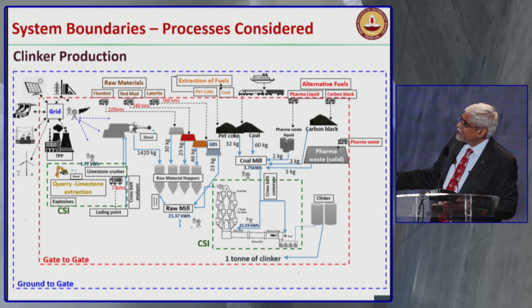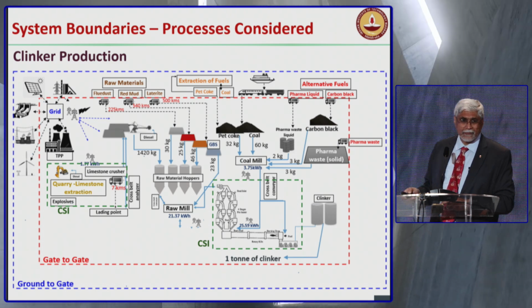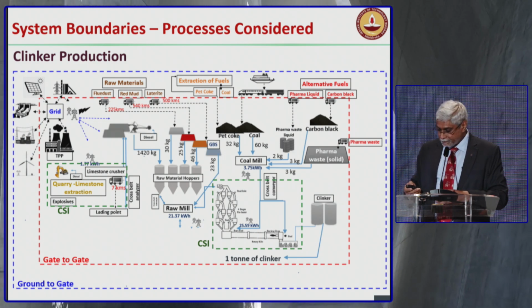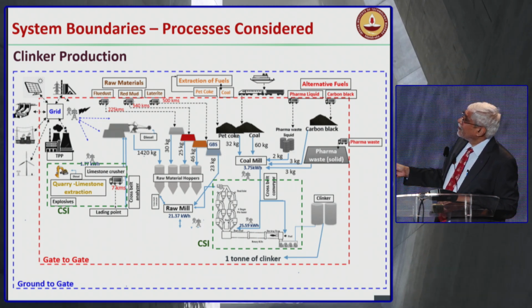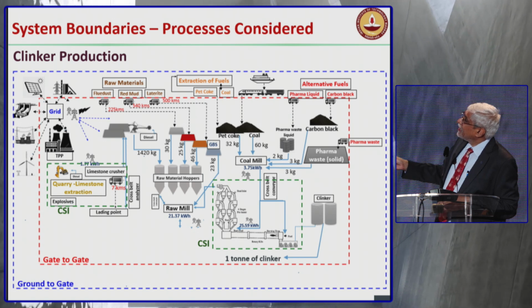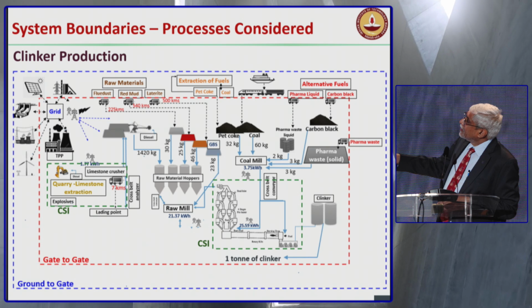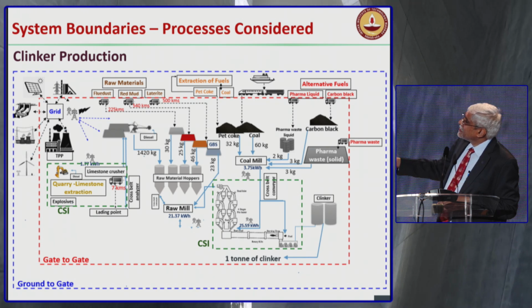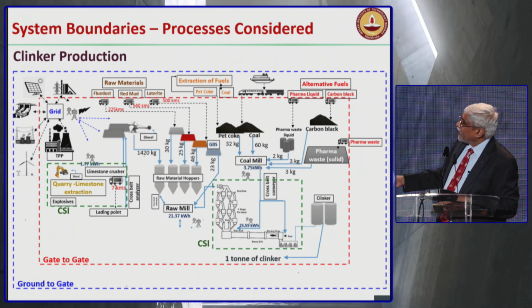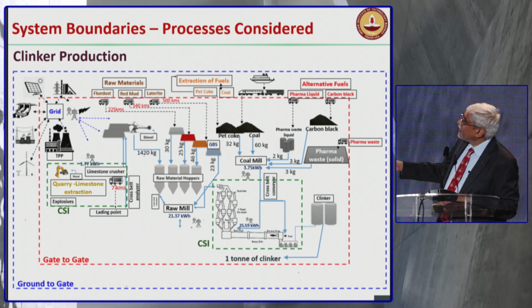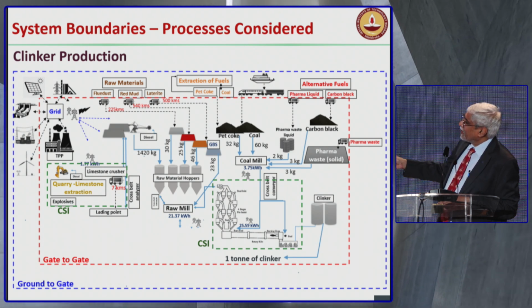Usually in India, the quarry is very close to the cement plant. It's almost adjacent. Then we have to know the electricity consumption and the fuel. All the fuel, again, the amount of fuel and the distance it traveled before it goes and becomes clinker. And these are the different systems you can consider.